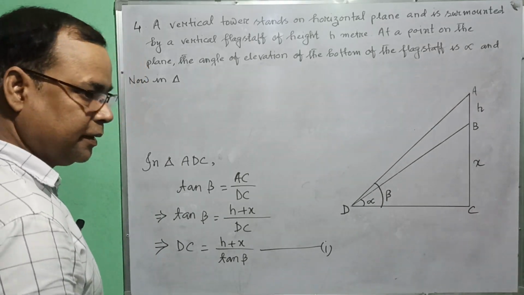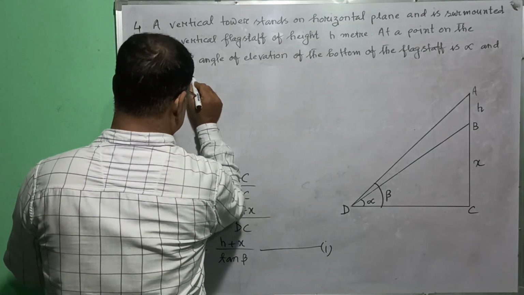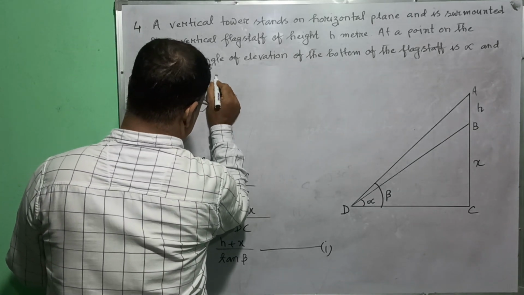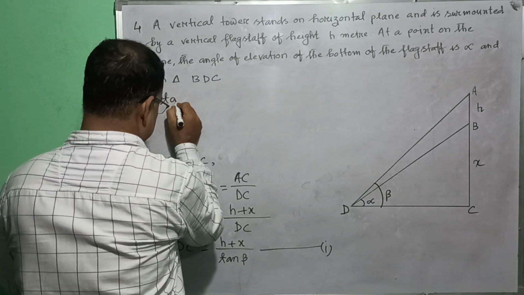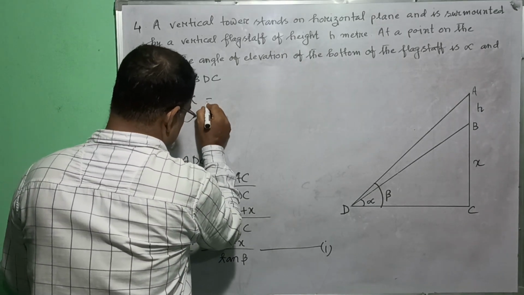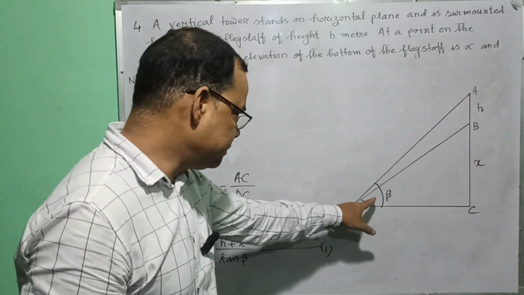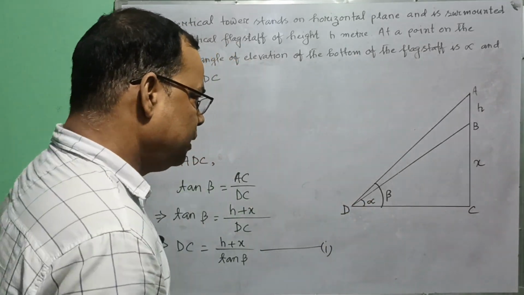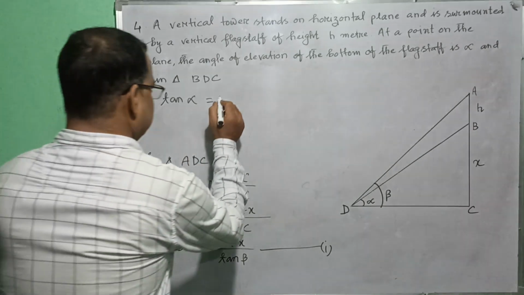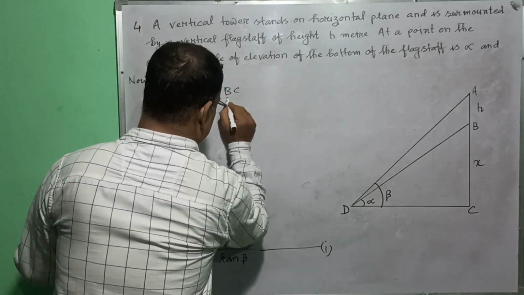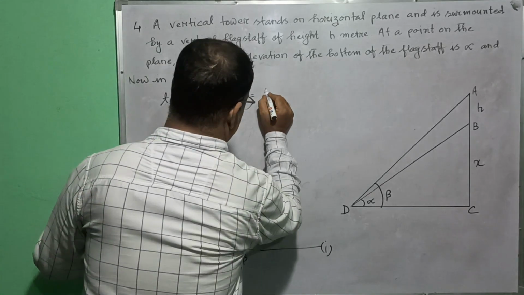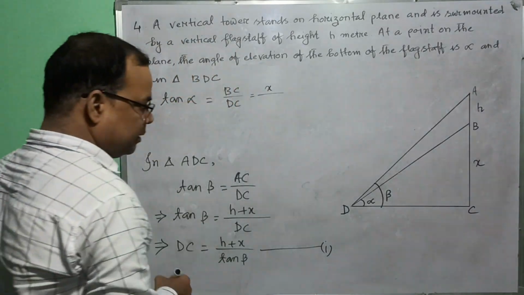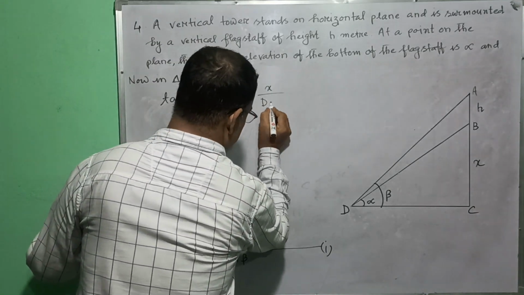It is BDC. Now in triangle BDC, again we will take tan. So here it will be tan alpha. So tan alpha equal to BC by DC. BC is x. So we can write x divided by DC.